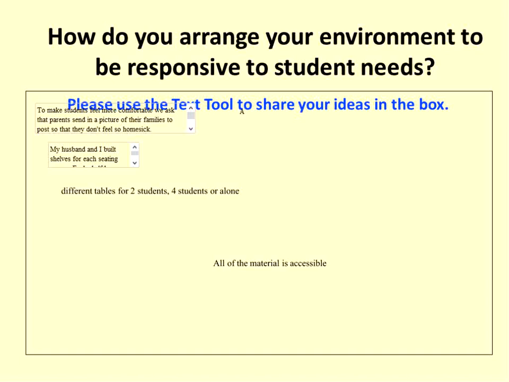Oh, I like the picture idea. A great one. Sorry, Aviva, yes. If you're able to, our email server is down and I can't access anything right now. If you could go up to load content and then just browse and find your presentation, it should be in there. It'll take a moment to load while people are working on this.